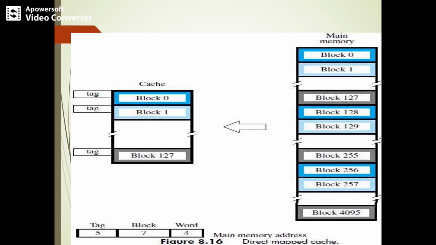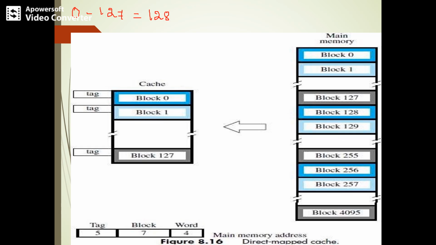The diagram shows how the main memory blocks are mapped into the cache using the direct mapping function. In the cache we have blocks from 0 to 127, so a total of 128 blocks.